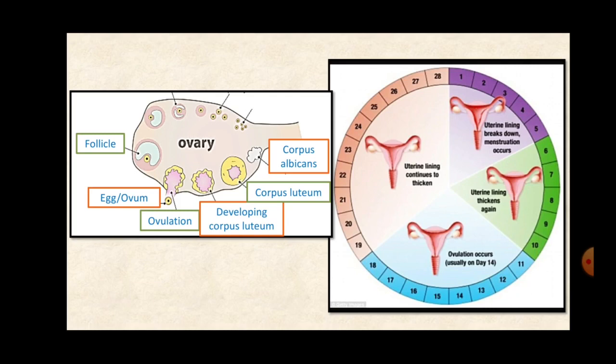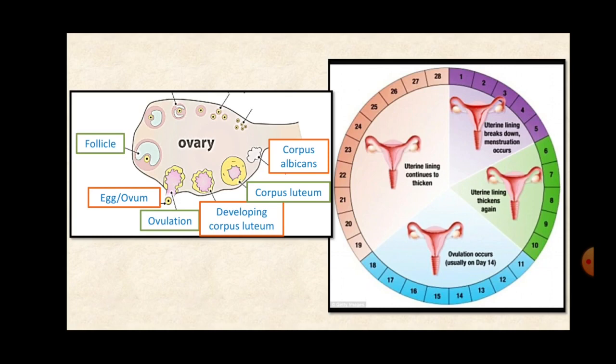This embryo is then implanted in the uterine wall, and at the same time the menstrual cycle is temporarily, I repeat, temporarily stopped till the birth of the baby and thereby the period of breastfeeding.